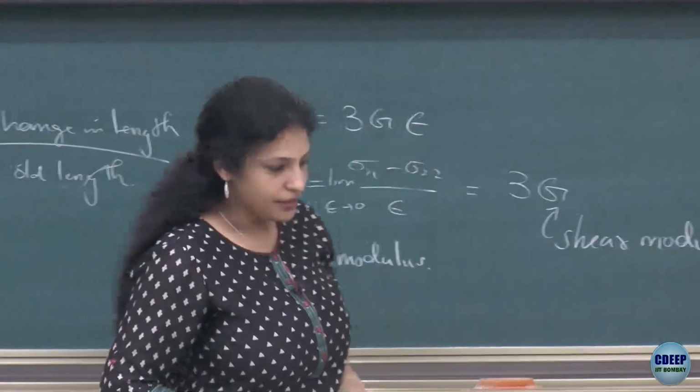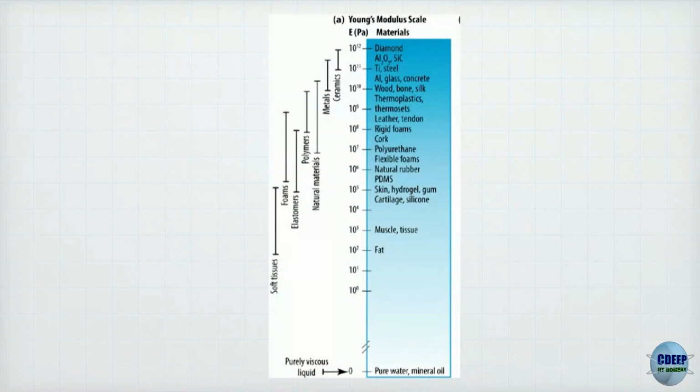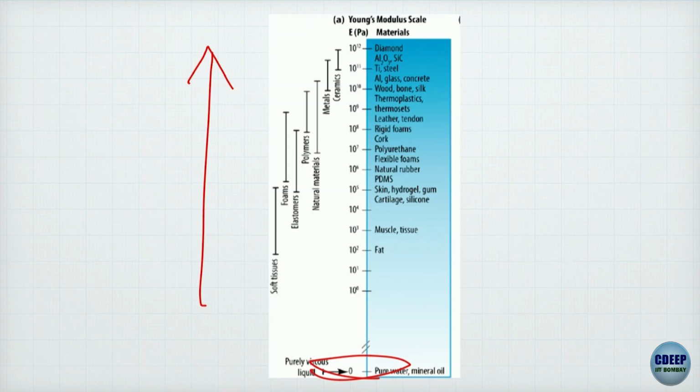All right. It's useful to talk about what are the typical orders of magnitude of moduli. Are you able to see the slide? Are you able to see the numbers? So, you can go from something almost 0, like a liquid, upwards in the strength of the material.